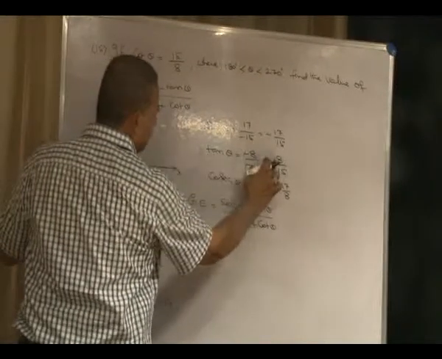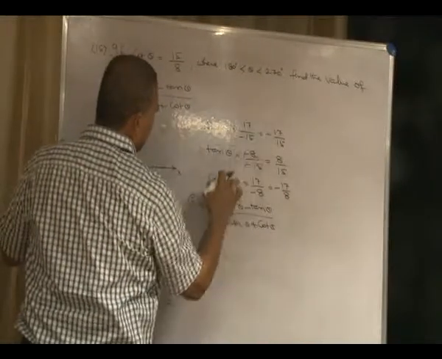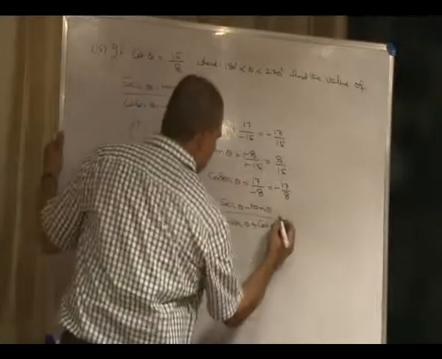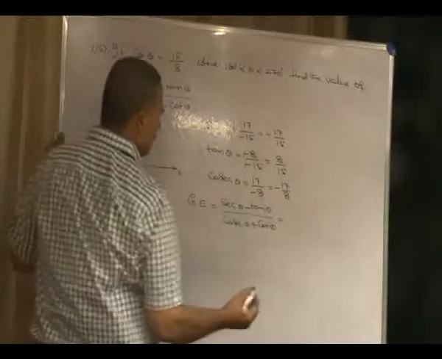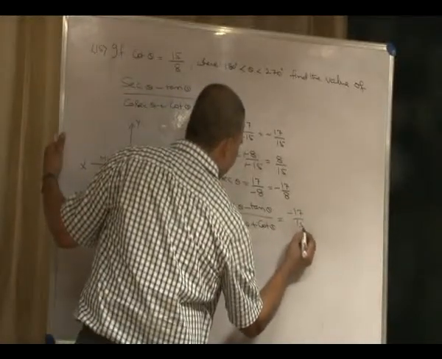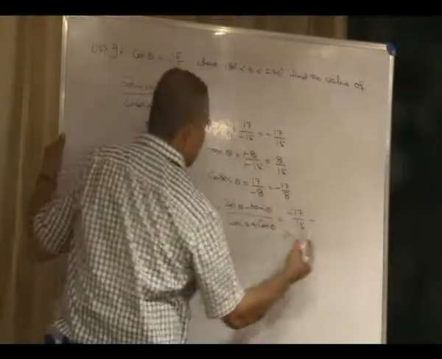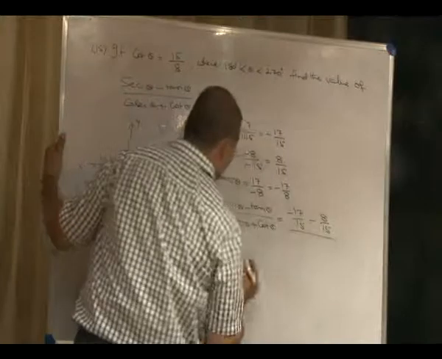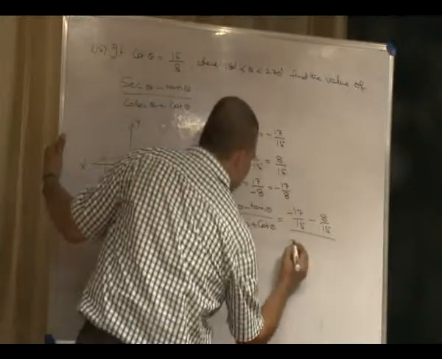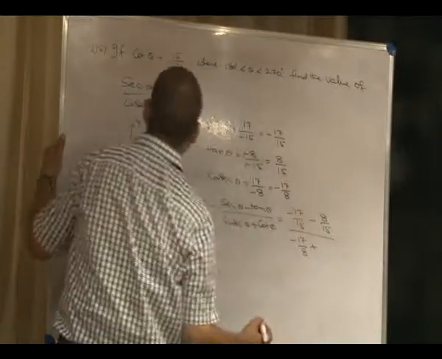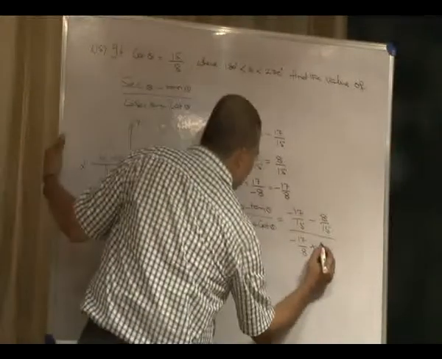Here tan theta is positive, secant theta and cosecant theta are negative in the third quadrant. Now substitute the respective values. Secant theta is minus 17 by 15 minus tan theta is 8 by 15, over cosecant theta is minus 17 by 8 plus cot theta is 15 by 8.